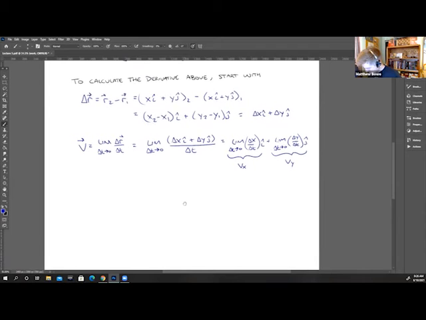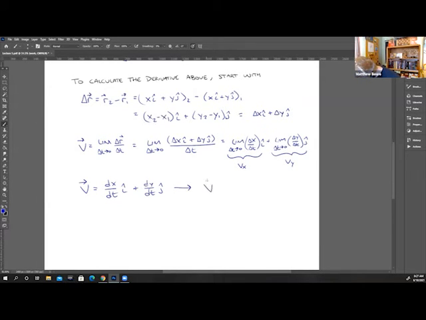Let me just do it all in full so you have it all. We have the velocity is equal to dx dt in the horizontal direction, plus dy dt in the vertical direction. And as I've pointed out up here, let me emphasize this.